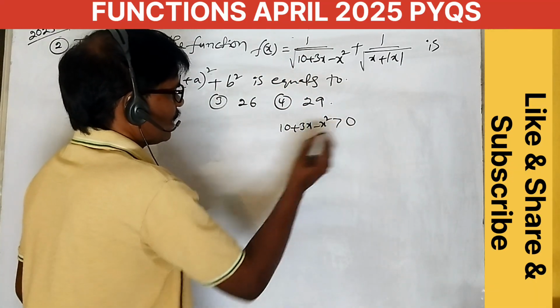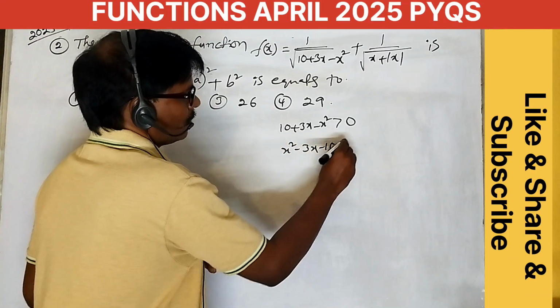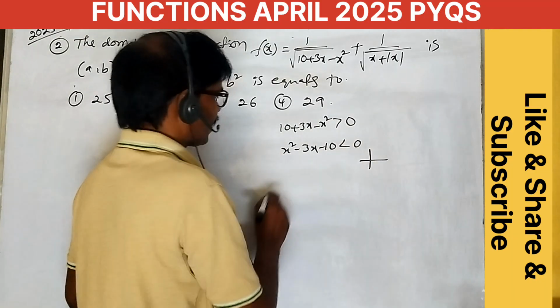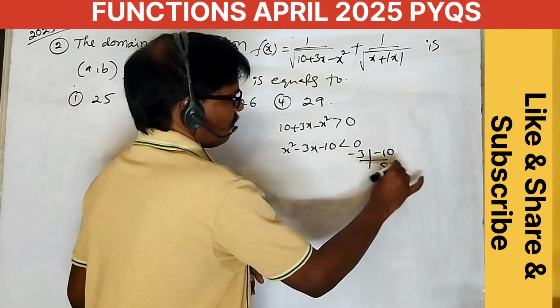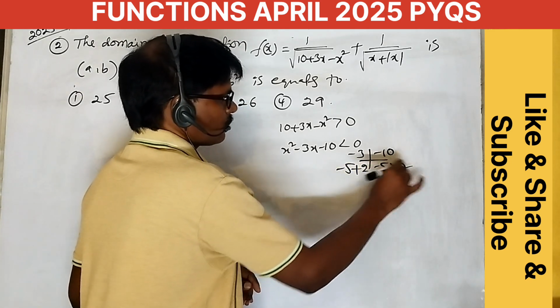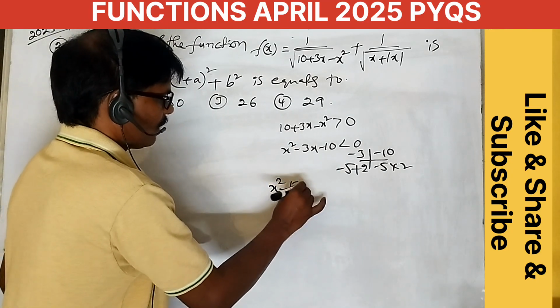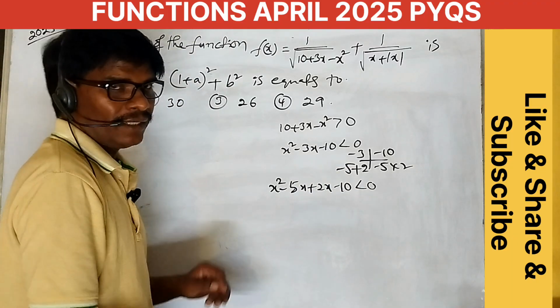Multiplying with minus, x square minus 3x minus 10 is less than 0. What are the factors? Find the factors: 1 into 10 equal to minus 10, and the middle term is minus 3, so 5 into 2, minus 5 plus 2. So x square minus 5x plus 2x minus 10 less than 0.